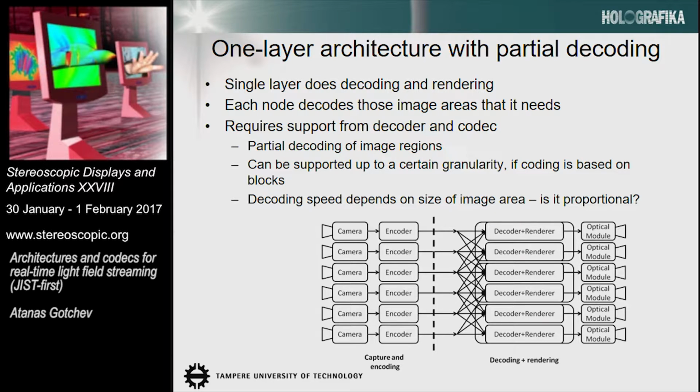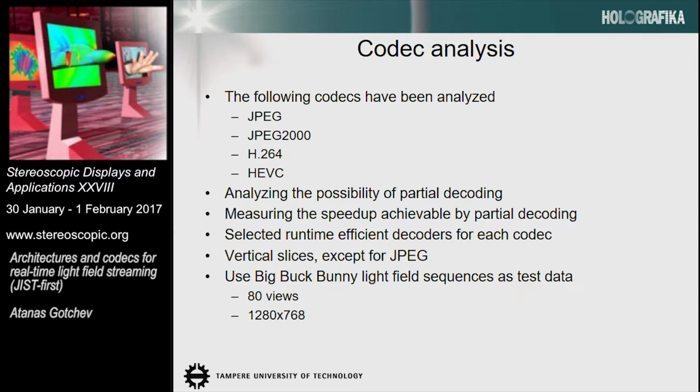The alternative architecture would assume one layer, so we again recombine decoder and renderer, but make sure that the decoder has random access to the encoded streams so that it can perform partial decoding of image regions. Then the decoding speed would depend on the size of the image area.